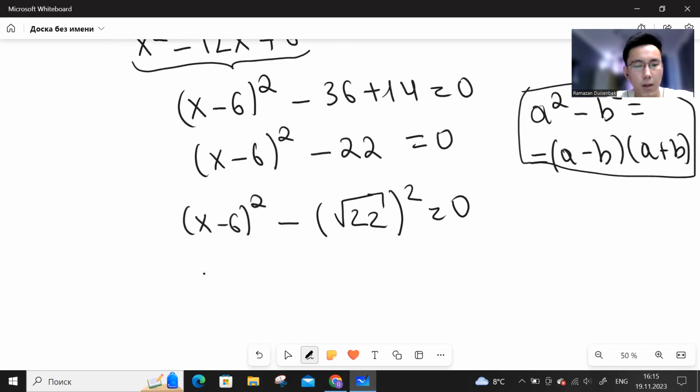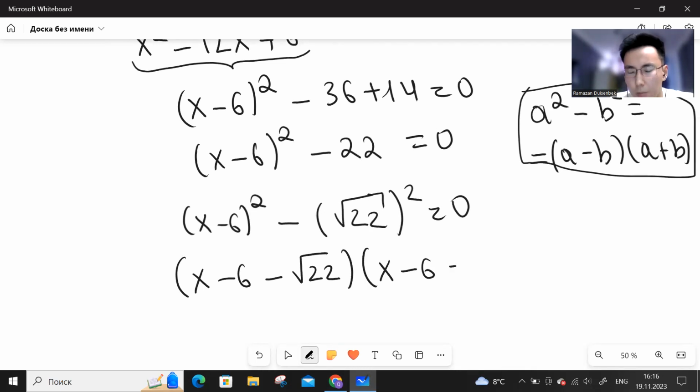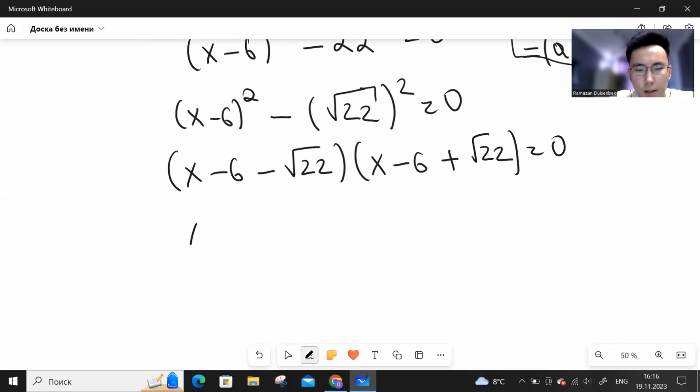So next is just a minus b, a plus b equals 0. X equals 6 plus, okay, let's do it step by step.